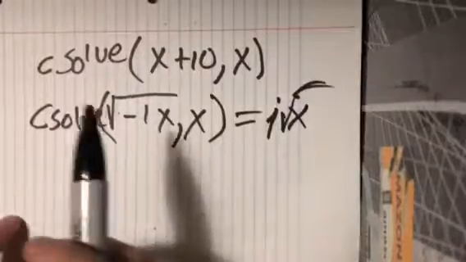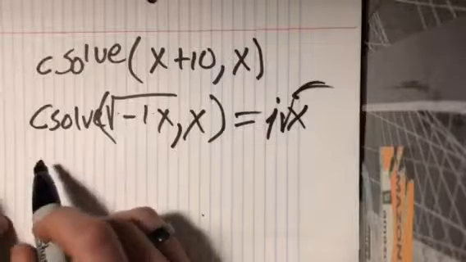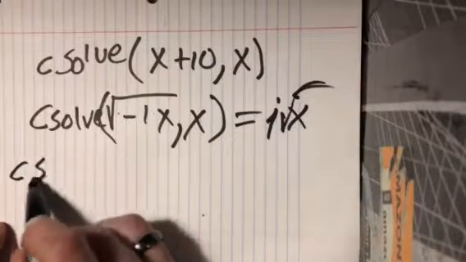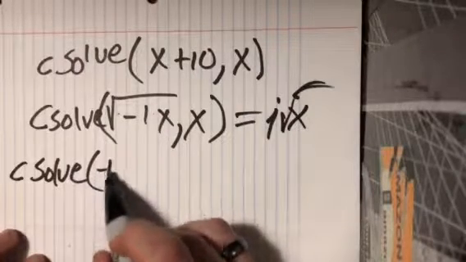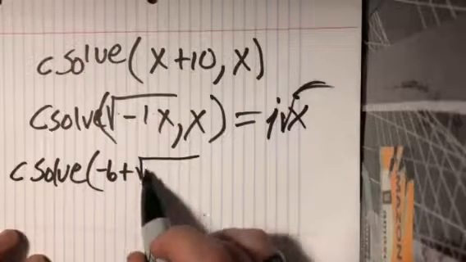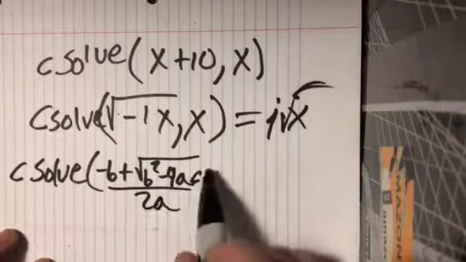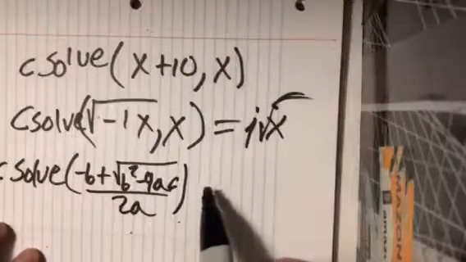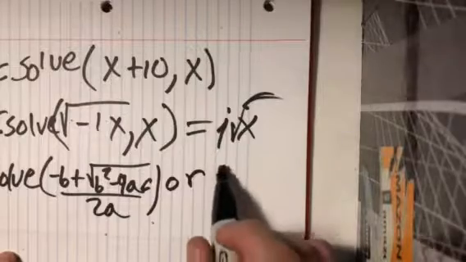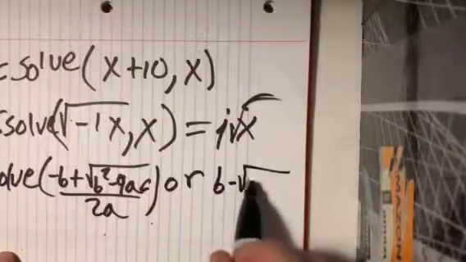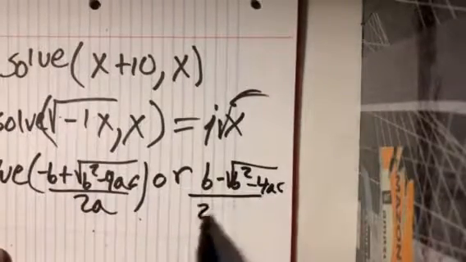So I already stored the complex solver, so when you put it in there, it's going to look like C solve for negative b plus the square root of b squared minus 4ac all over 2a, or you have negative b minus the square root of b squared minus 4ac all over 2a.